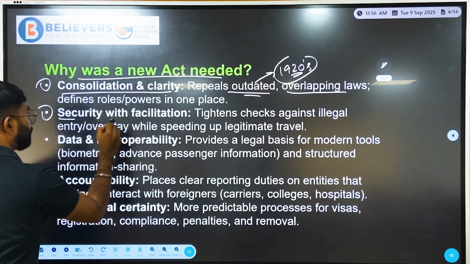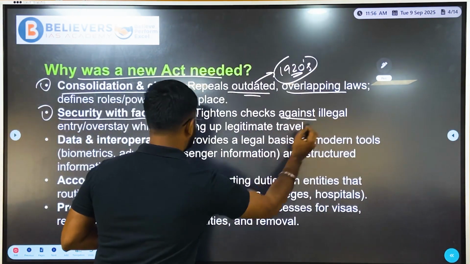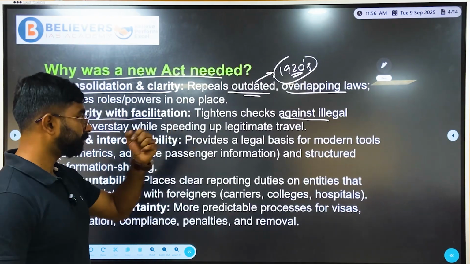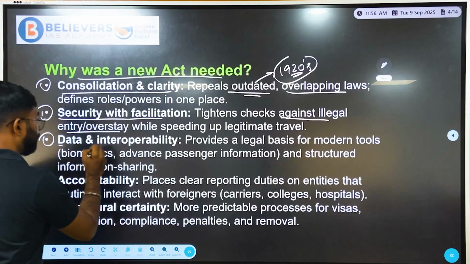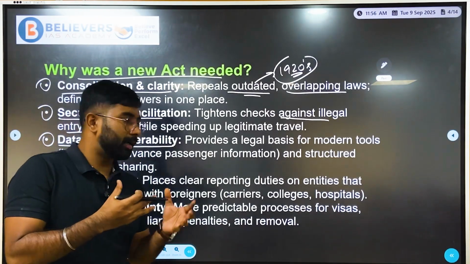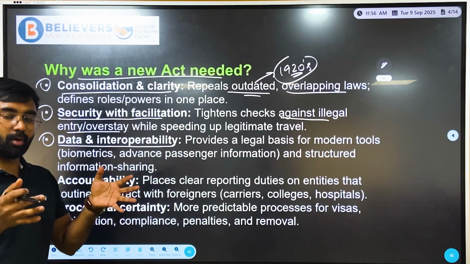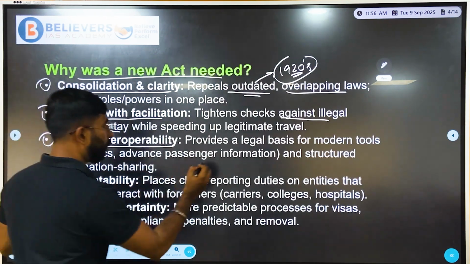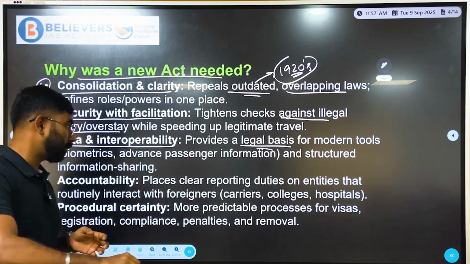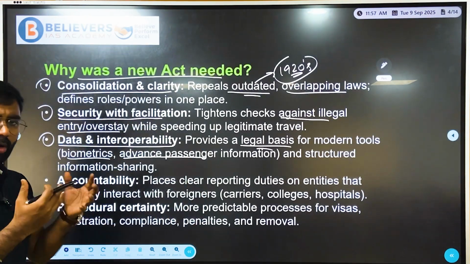Another important thing is security concerns: to tighten checks against illegal entry and overstay, while speeding up legitimate travel processes. Then data and interoperability: to bring in more interoperability in how the data of foreigners entering the country is handled, and to provide a legal basis to incorporate modern technologies like biometrics and advanced passenger information.